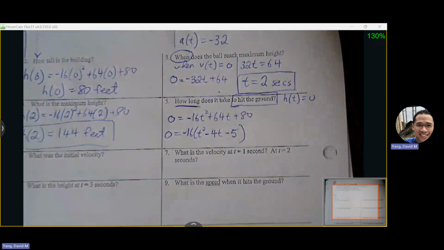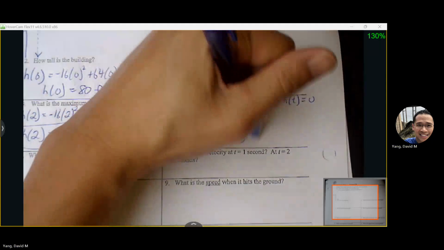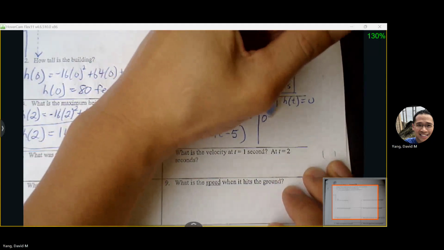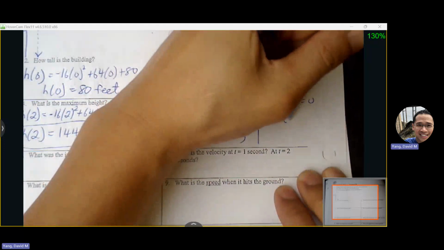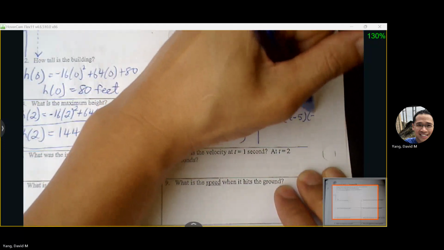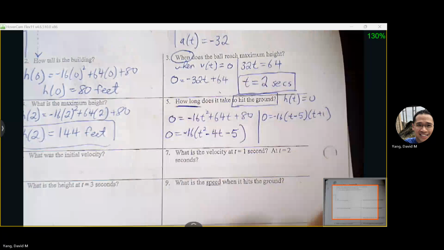And then 16 times 5 is 80. So we can continue factoring t squared minus 4t minus 5. Both sides to be -5, adds up to be -4. It's going to be -5 and 1.